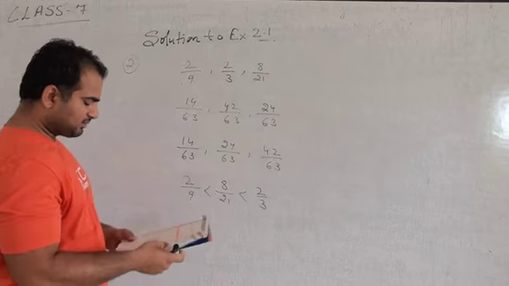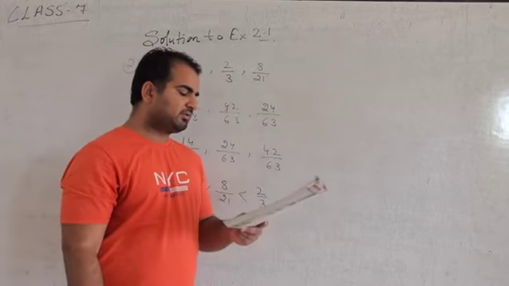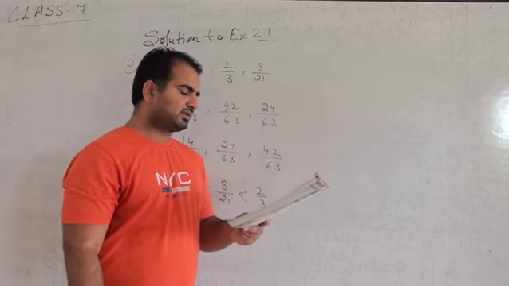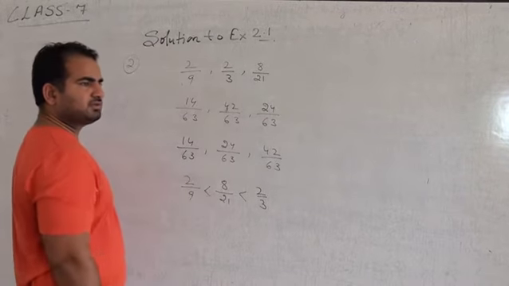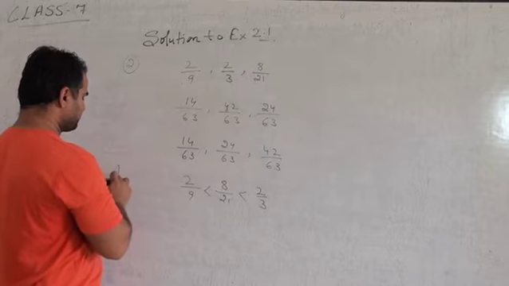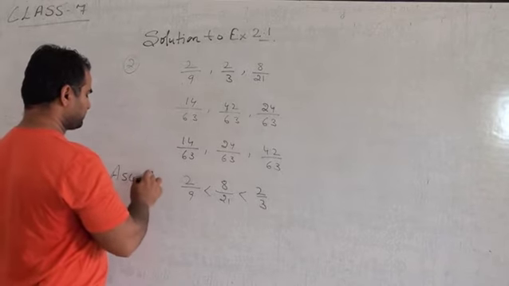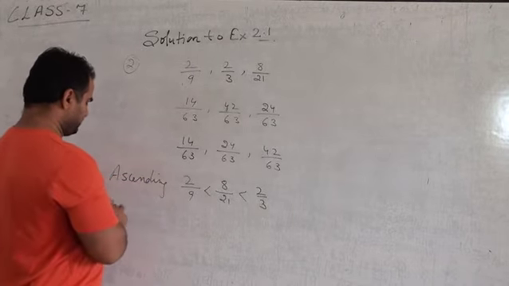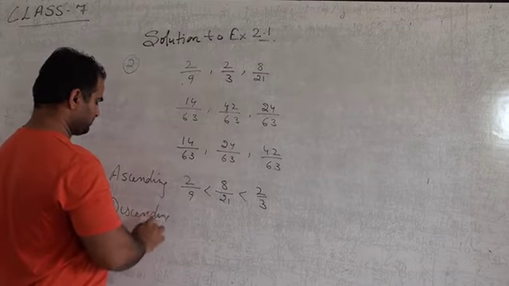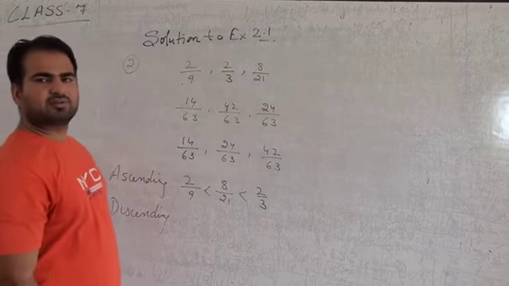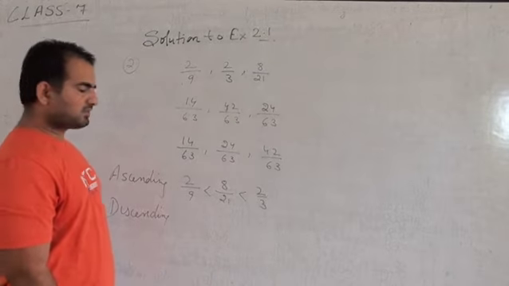Done? This is our question number 2, in which we have to arrange into ascending order. Then we can also change it into descending order. So in descending order, the biggest one will be first.